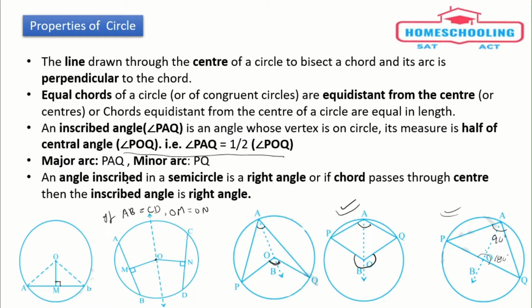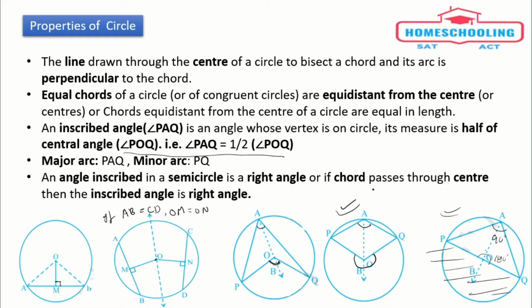So an angle inscribed in a semicircle, if we remove the lower half and just take this portion, would be 90 degrees, and you can prove it because the inscribed angle would be half of the central angle.